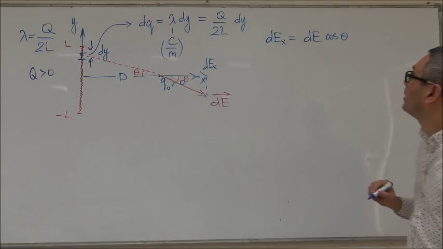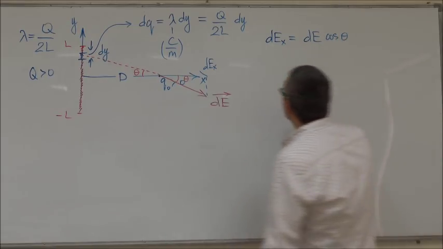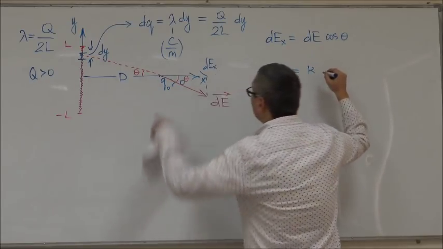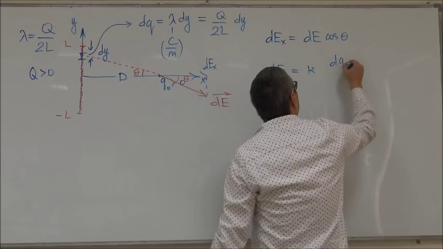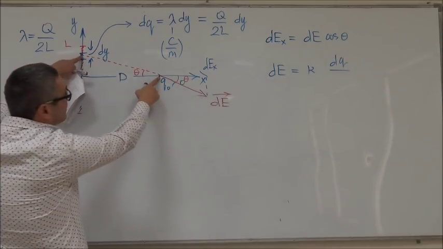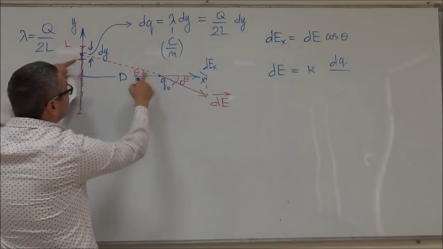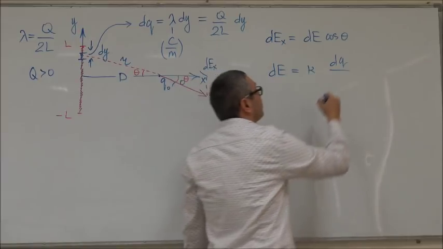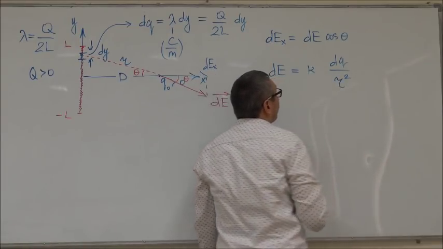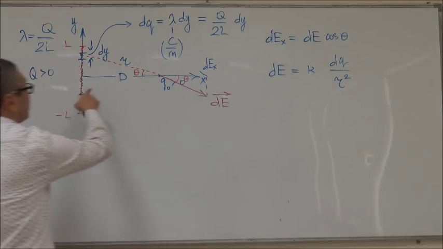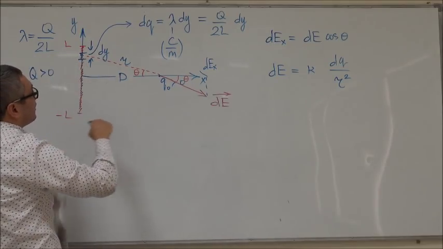What about dE? dE is equal to k dq over this distance squared. So let's call this r squared. What about cosine theta? The cosine theta can also be expressed in terms of r.